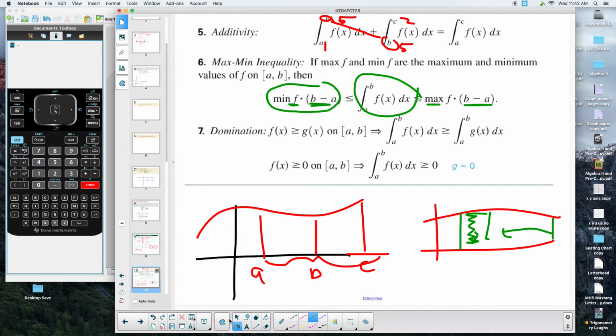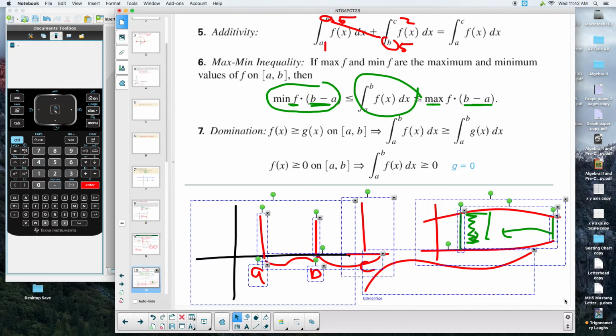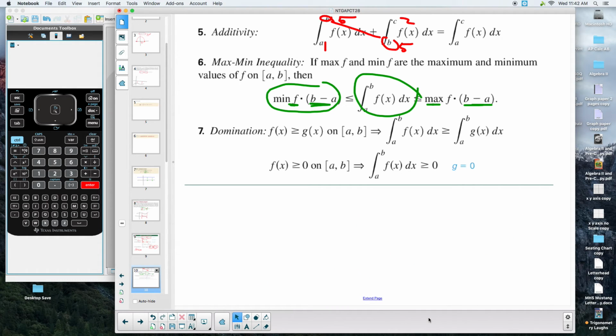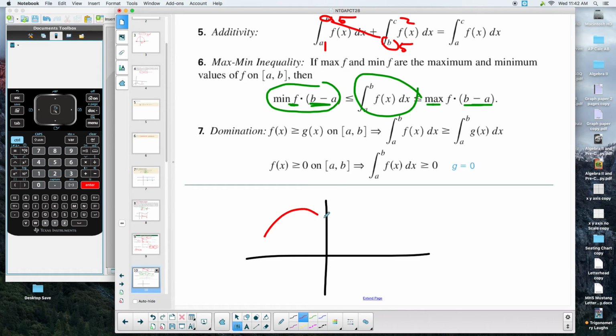So to kind of illustrate that, we've got a graph of a function from A to B. The minimum value is right here. Well, there's the minimum times the gap.